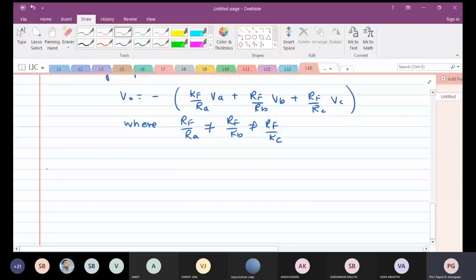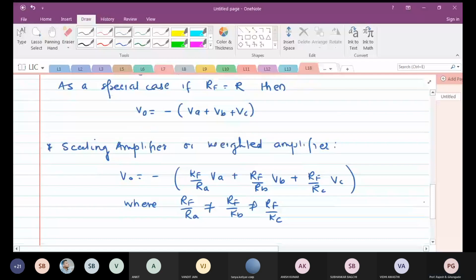Another example is what is called an averaging circuit. All these are possible applications.